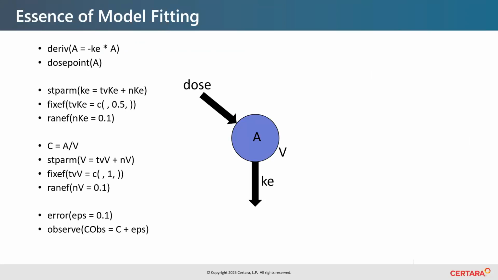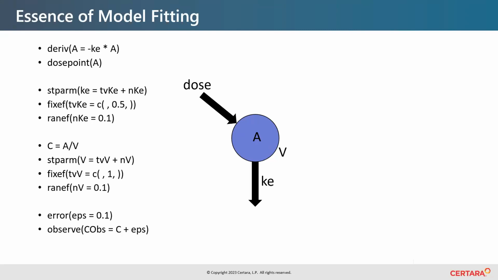So here's an example of what it means to describe a pharmacometric model. Suppose you have a very simple model of systemic blood, and the amount of drug in it is represented by the letter A, and the volume of it is represented by the letter V. There's an elimination rate, KE, which is in 1 over time, and that tells you the rate at which the drug decreases from the systemic blood.